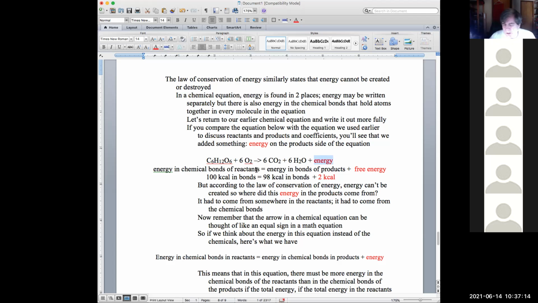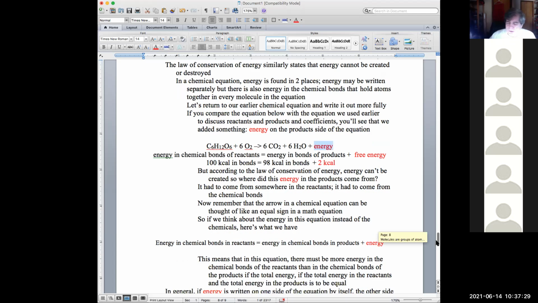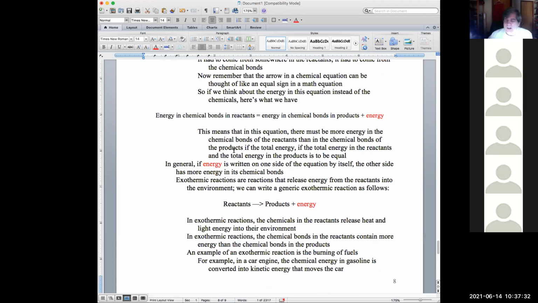The total amount of energy is equal, but there's more energy in the chemical bonds of the reactants. Why? Because in the products, some of the chemical energy is in the bonds and some of it is free energy. So when we have an equation that looks like this, where the reactants make the products and there's some free energy released with the products, this is called an exothermic reaction.